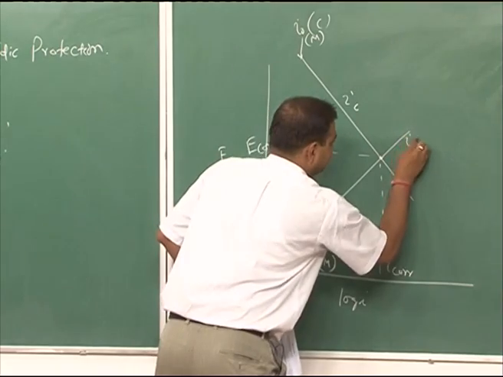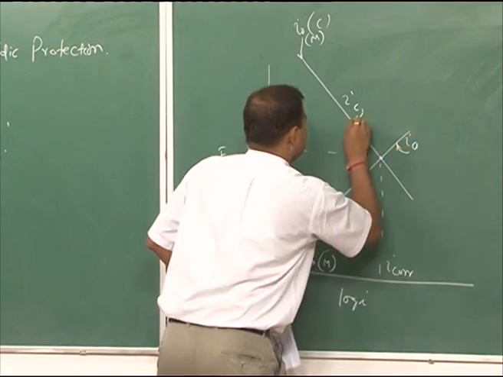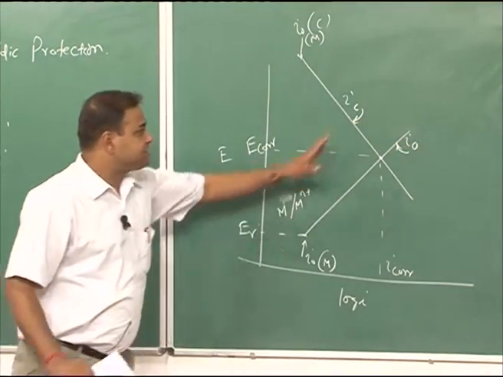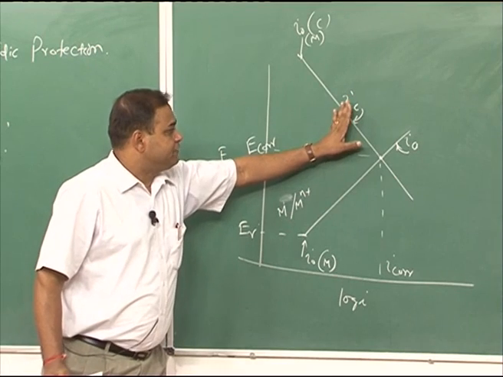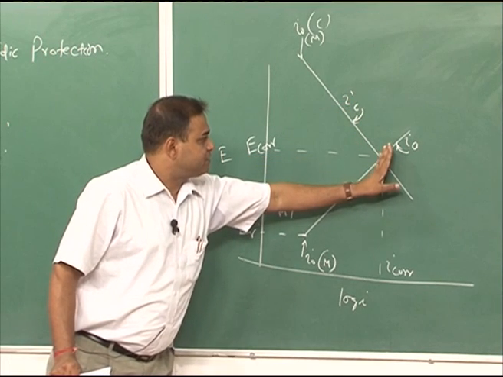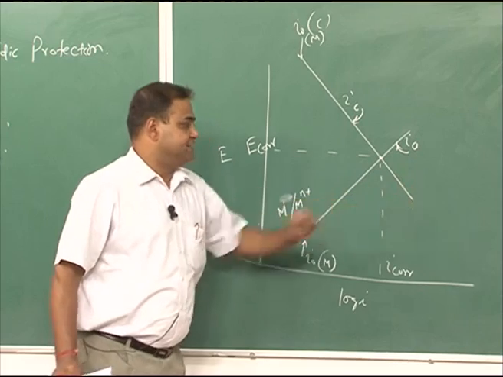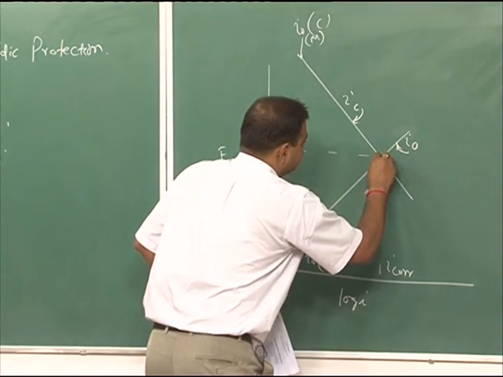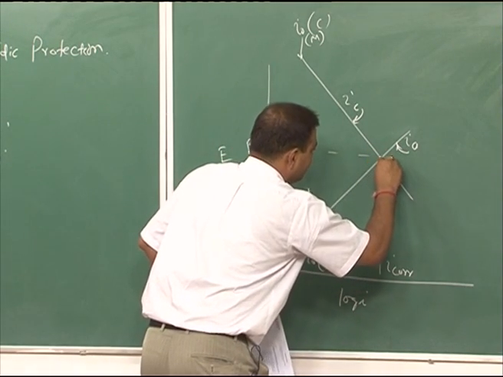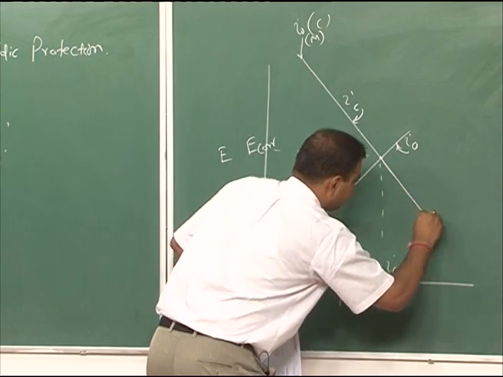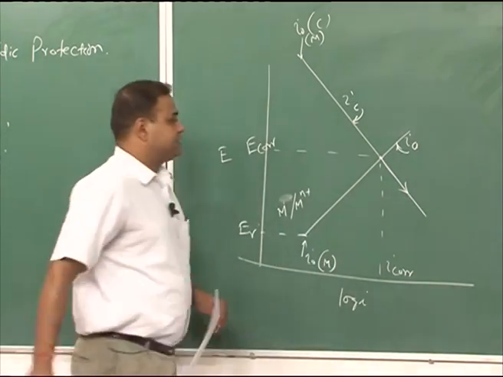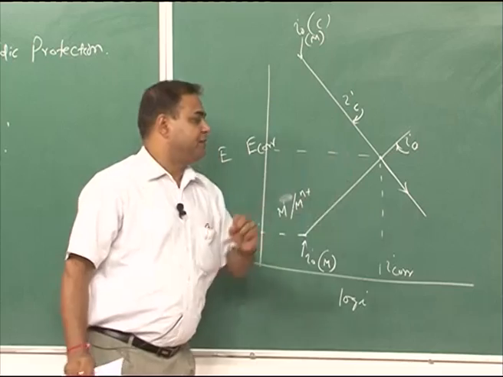This is my IA, this is my IC. Now, if we increase IC, what would happen? The polarization will be enhanced, and the cathodic polarization line will try to take the direction as shown in this figure.